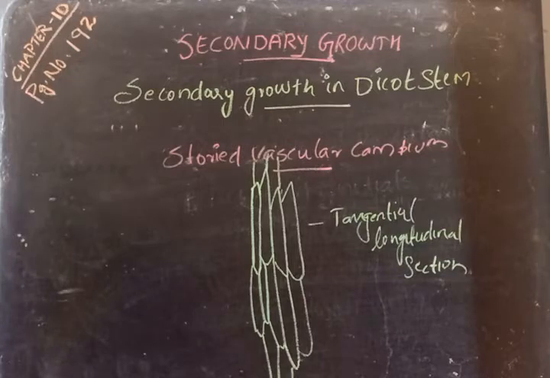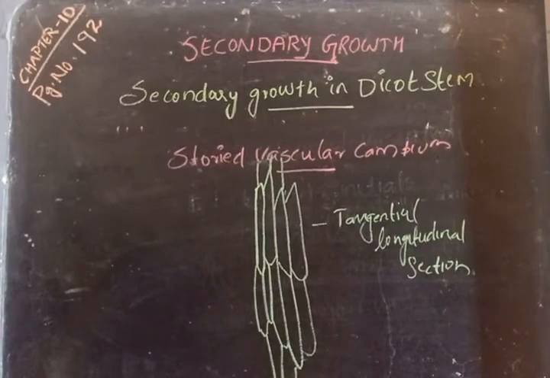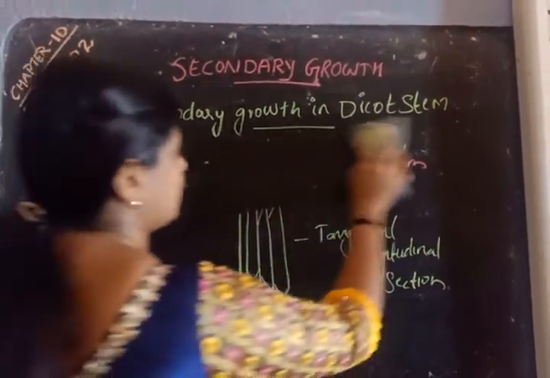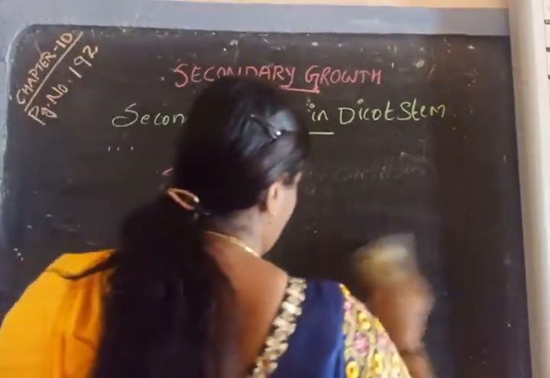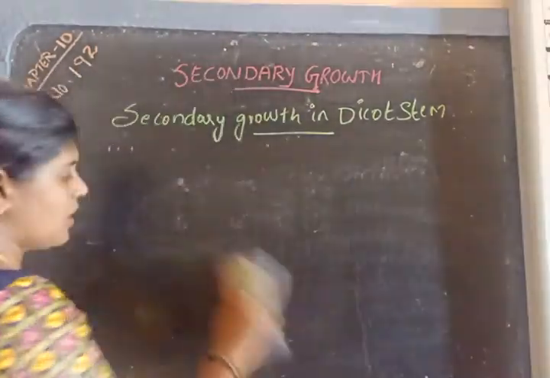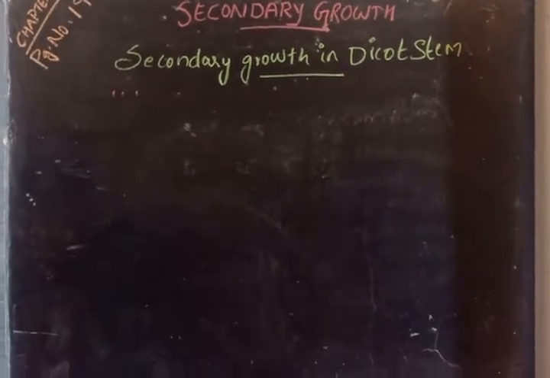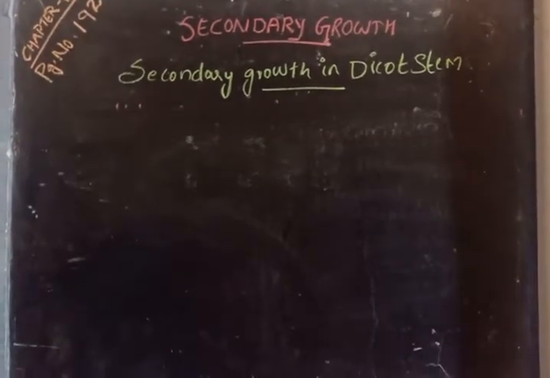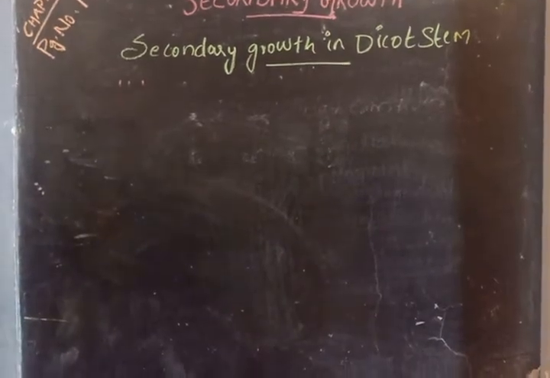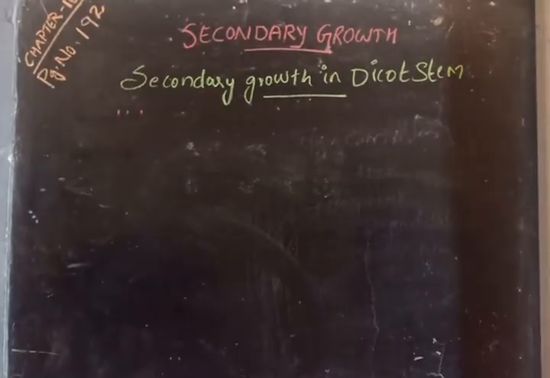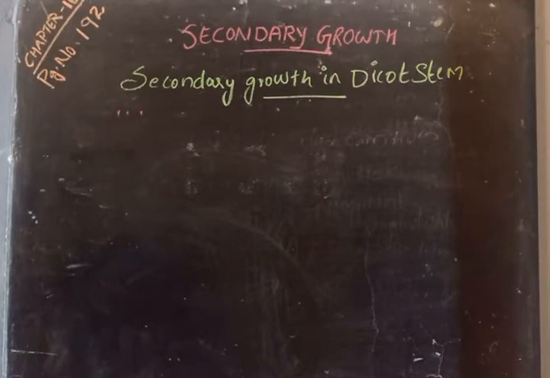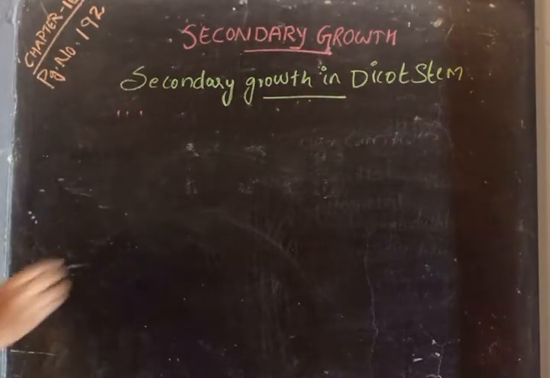They are called non-storied vascular cambium. Here are the fusiform initials. When the ends are aligned longitudinally, it is called storied vascular cambium, whereas when the ends overlap, it is called non-storied vascular cambium.